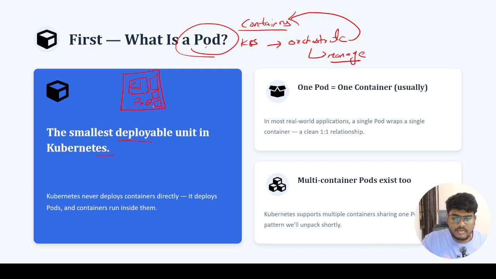That is also one possibility; maybe in some organizations there are a few cases where we run it. But basically, in a pod the preferable thing is that you should always go for a single container. The same thing is written over here: multiple container pods exist too, and Kubernetes supports it.